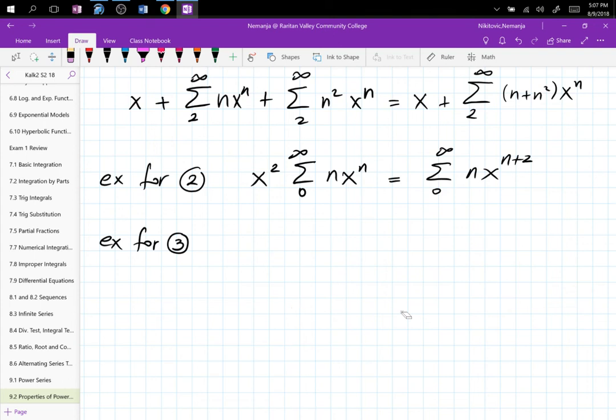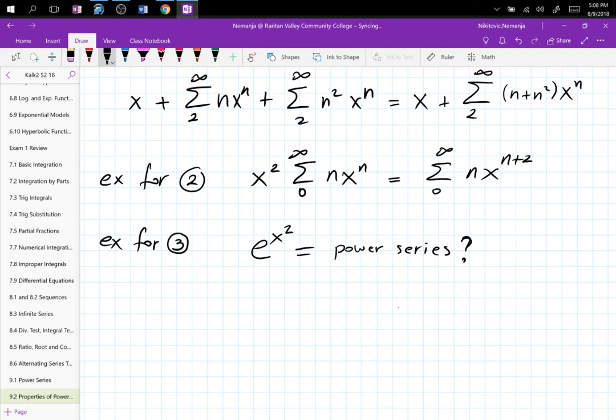So now we'll do this with series. I want to represent e to the x squared as a series. Now, why would I want to represent this function as a series? What is this equal to as a power series? So what is the power series for e to the x squared?